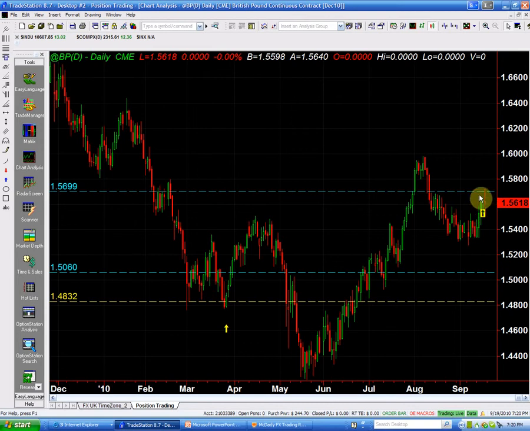So now we have two sell signals in the pound. So I have a sell signal in the pound, I have a sell signal in the Swiss and in the yen. So let's look at the euro.